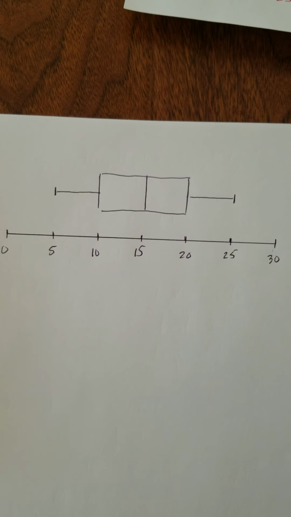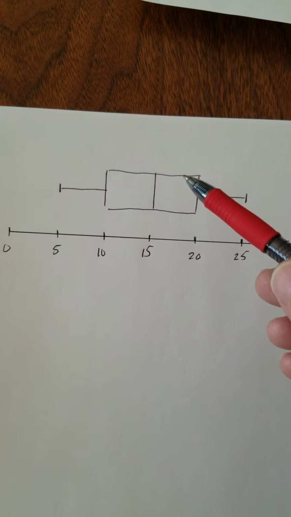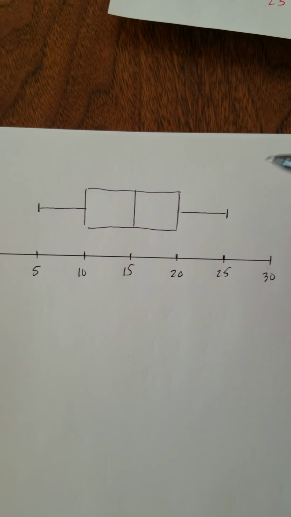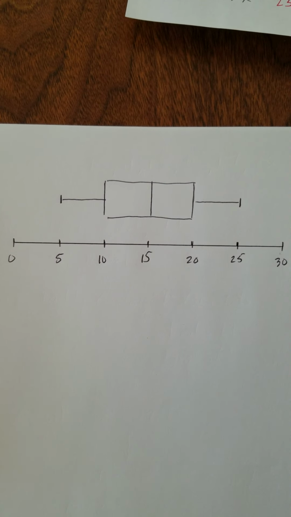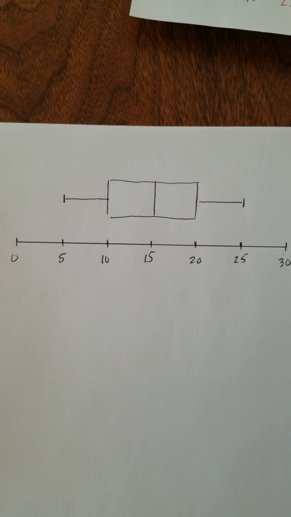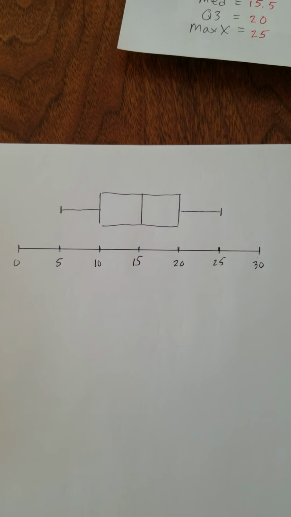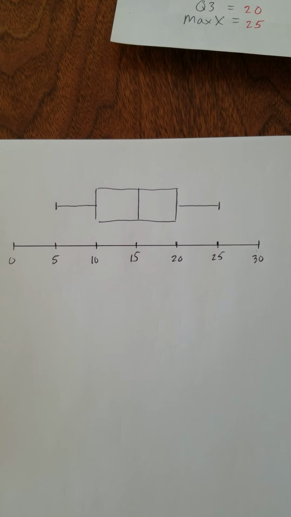But as you do your homework, you should be looking for where these numbers are, where your minimum, where your maximum. You should be able to pick out the right box plot without doing really any work except just looking and seeing which one, through process of elimination, is your correct answer. So hopefully this helps a little bit with your homework.